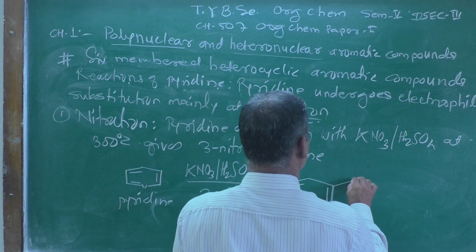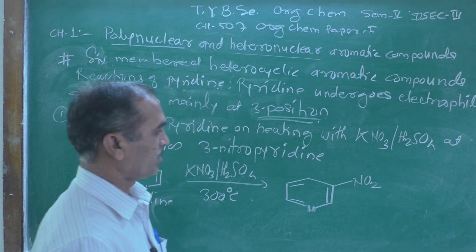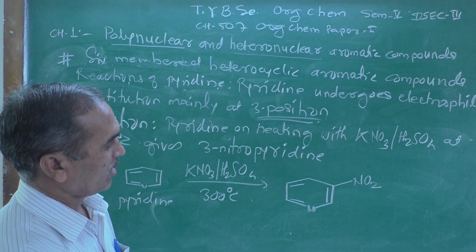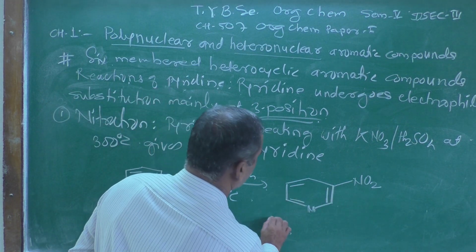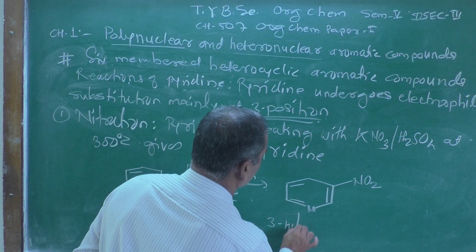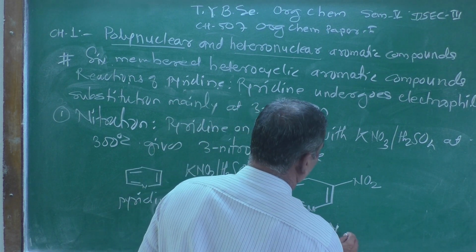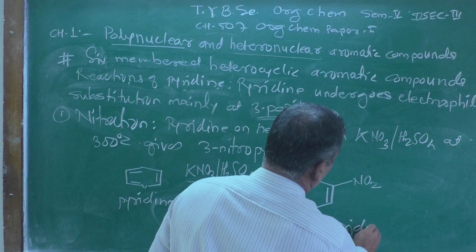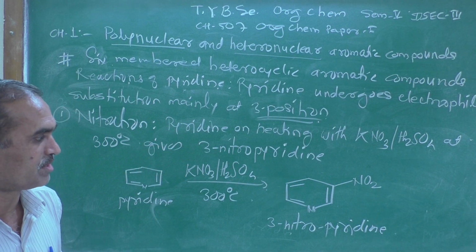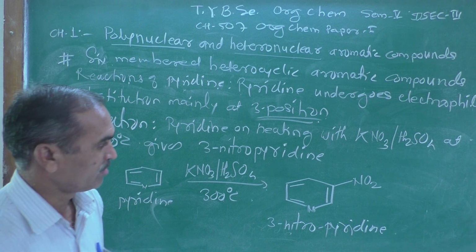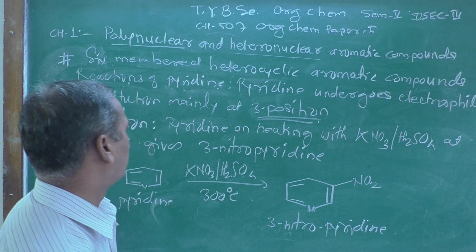So at the 3 position there will be a nitro group, NO2, and therefore the name of this compound is 3-nitropyridine. It is very easily formed with high yield.